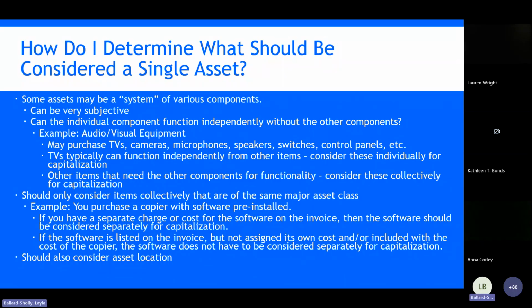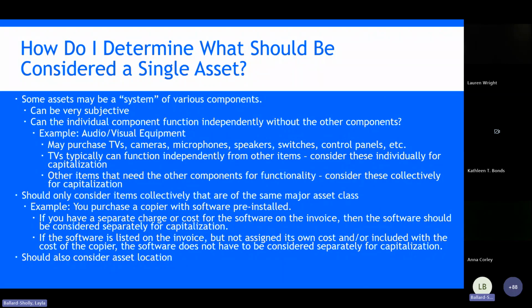As an example, let's say you purchase some audio-visual equipment, and that can vary in what you're exactly buying, but that could be TVs or monitors, cameras, microphones, speakers, control panels, whatever. Most of those are going to need the other components to have functionality. They're not really going to be able to do anything on their own. You would consider those collectively for capitalization.